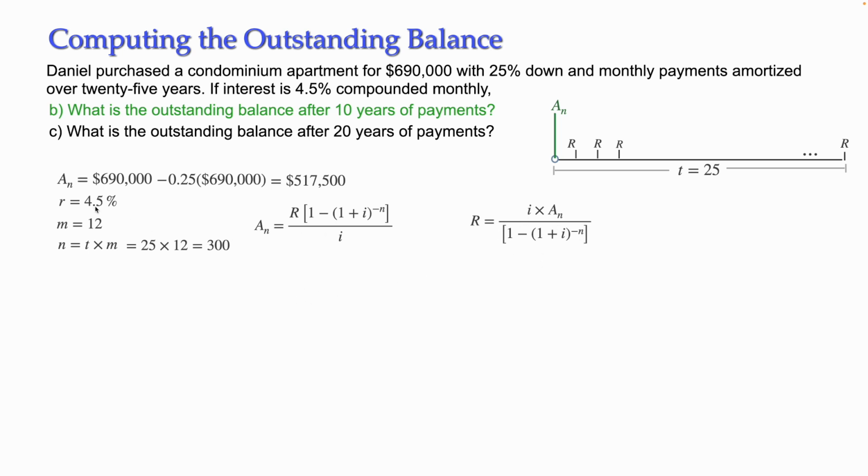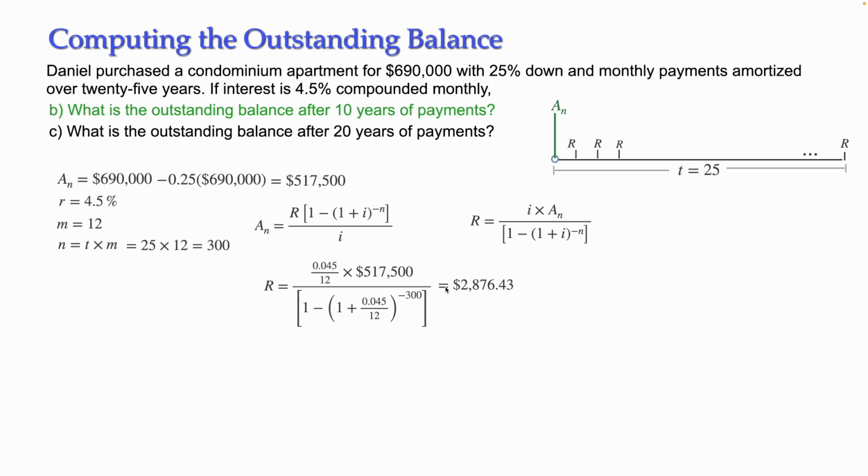I is 0.045 divided by 12, AN is this value, $517,500, and N equals 300. If you substitute this and use a calculator, you can compute the payment. And we know that the periodic payment is $2,876.43. We already did that in a previous video.